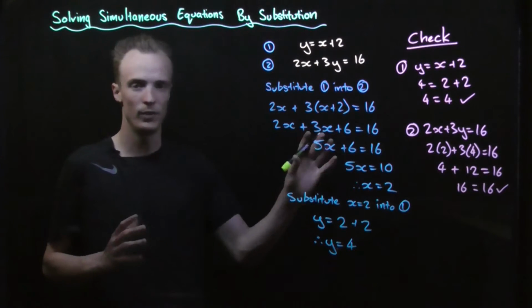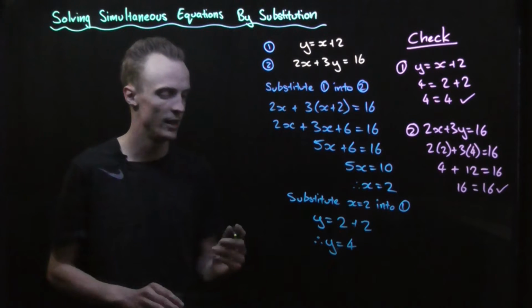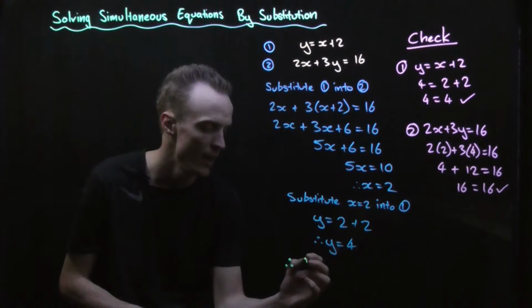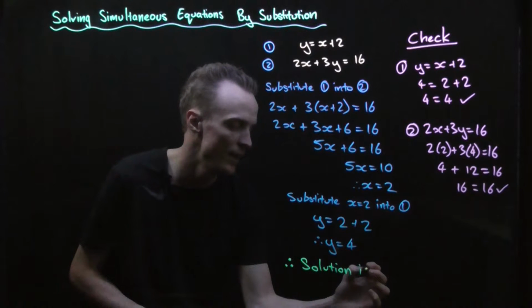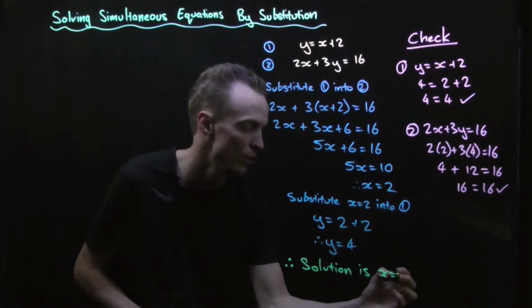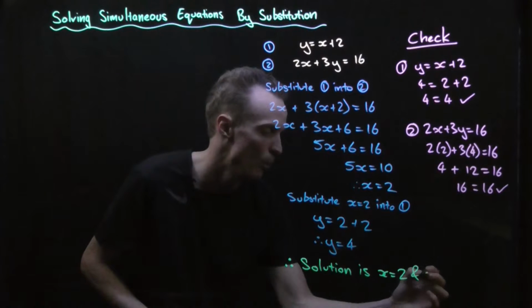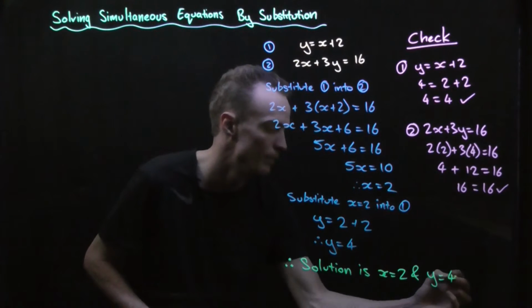So our check step has verified that we've found the correct solution here. So therefore, our solution is x equals 2 and y equals 4.